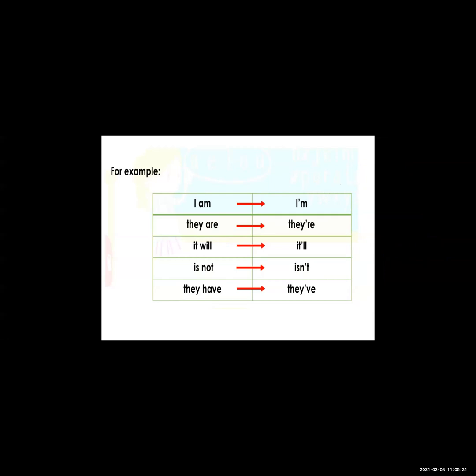Now the next one is it will. If you have to write the short form of it will, how will you write it? First it, then apostrophe, and then only double L. So it's it will. Now, is not.